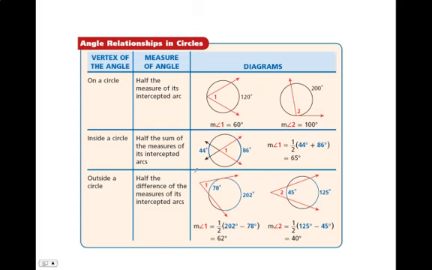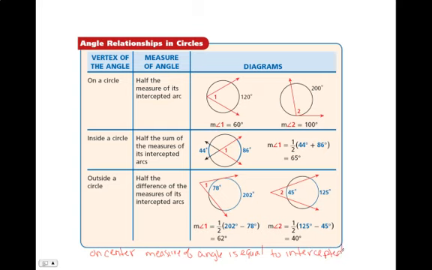Don't forget about your central angles. So we could also add one down here that if the vertex is on the center, we know that the measure of the angle is equal to the intercepted arc.